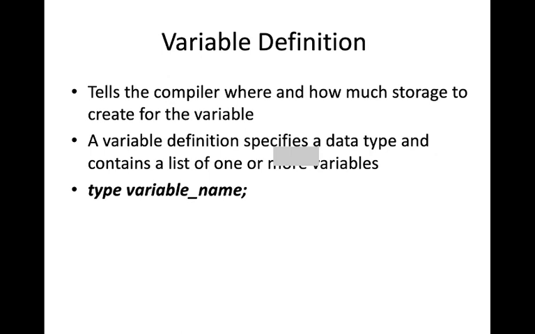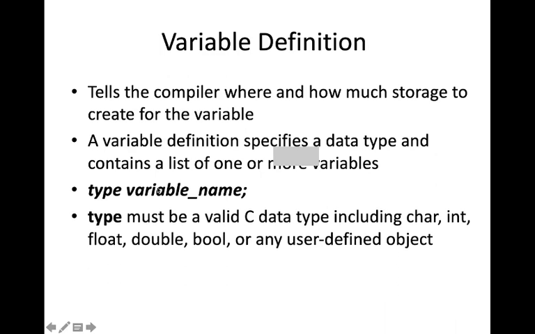You can use any names. All the things that we followed in identifiers are applicable for variables also. The type must be a valid C data type including char, int, float, double, bool. Bool is also there, or any user defined object. We won't be using bool, so those who want can refer to it. We will mainly be using char, int, float and double.